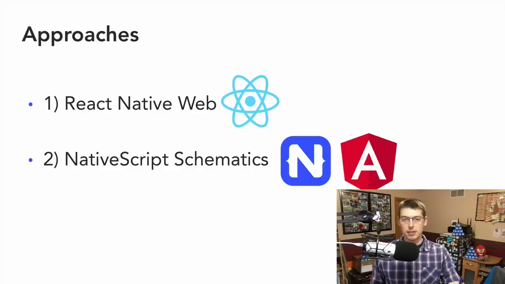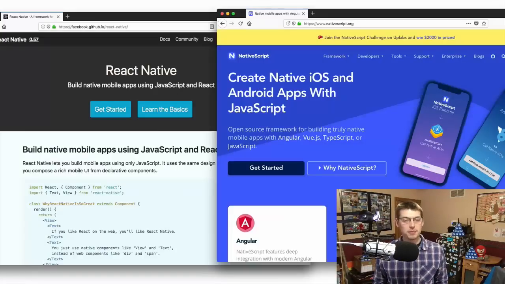I'll talk about these solutions in detail in a second, but first, just for a little background, if you have not dealt with React Native or NativeScript before, both are projects that let you use JavaScript to build native iOS and native Android applications. React Native is done by the React team at Facebook. NativeScript is done by the NativeScript team here at Progress.